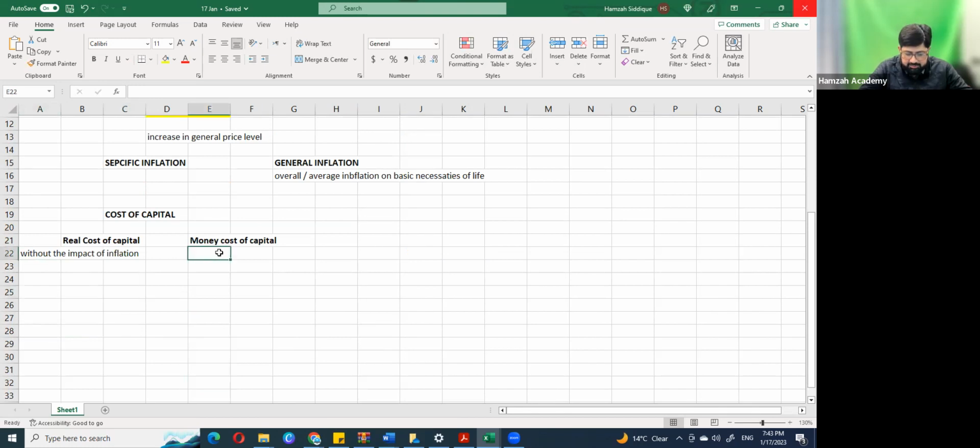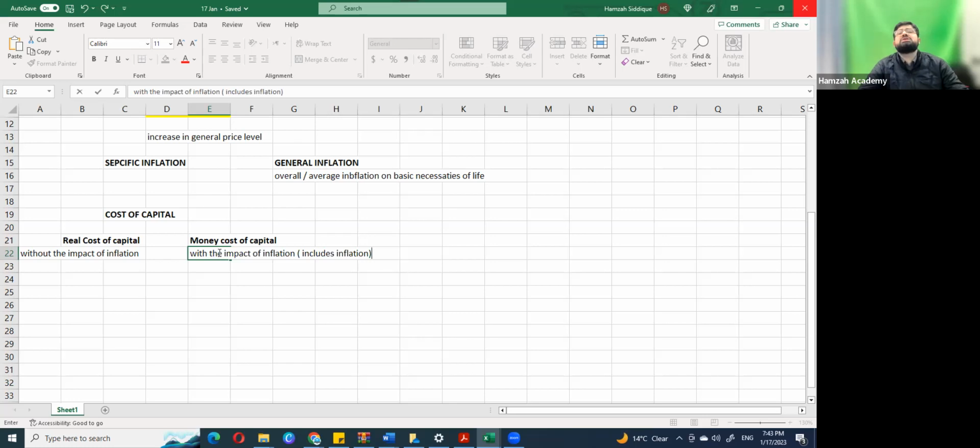And money cost of capital, it is with the impact of inflation, which includes inflation, in other words.